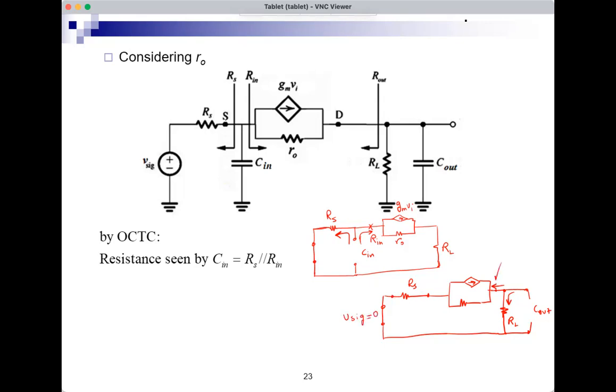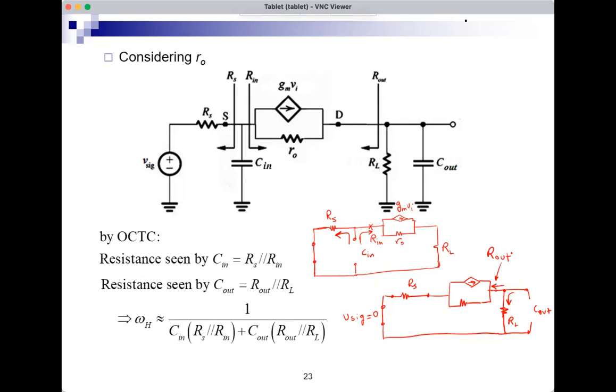And this is what we just called Rout. Therefore the resistance seen by Cout would be Rout in parallel with RL. And I have expressions for Rin and Rout, and then I combine them, Rin with Rs, Rout with RL in parallel. And these are the resistances seen by Cin and Cout.